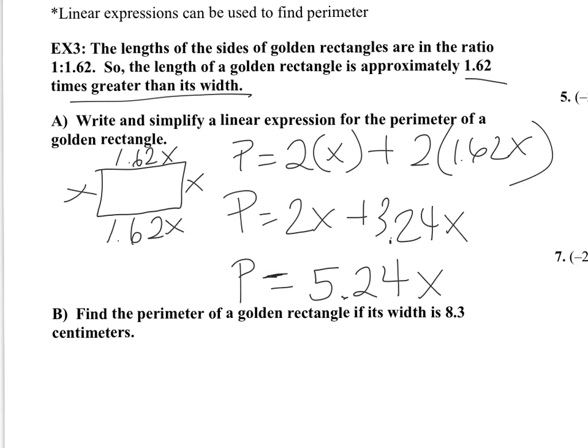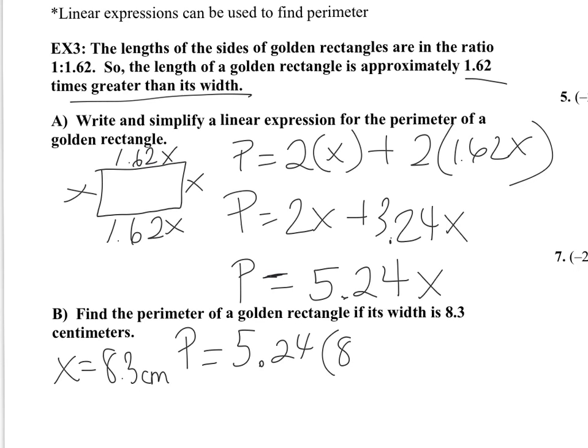Now, in part B, find the perimeter of the golden rectangle if the width is 8.3 meters. So if the width is 8.3, then that means x equals 8.3 centimeters. So the perimeter formula I used in part A is 5.24x, and I'm going to multiply it by 8.3.